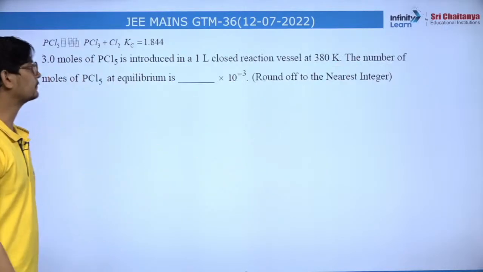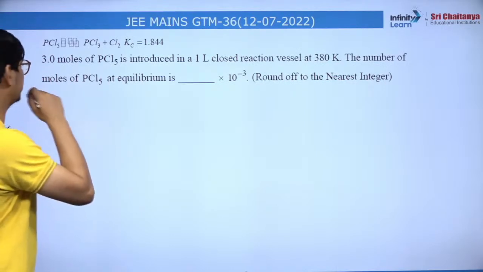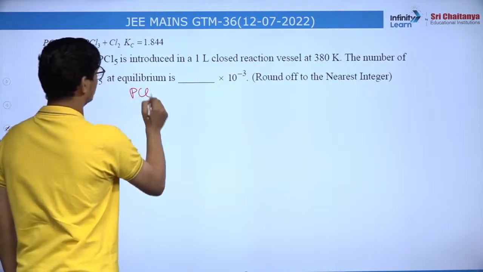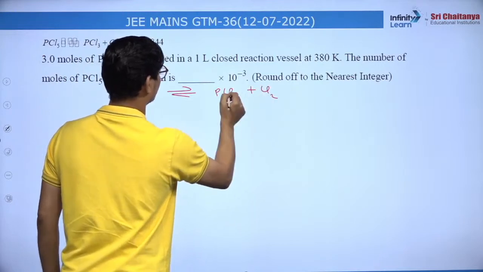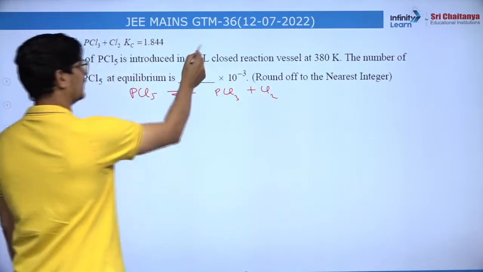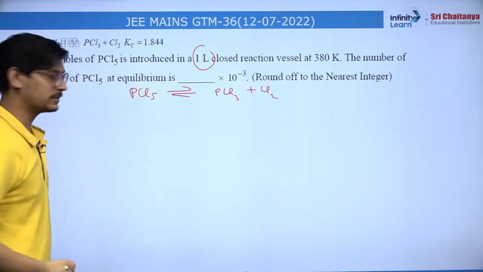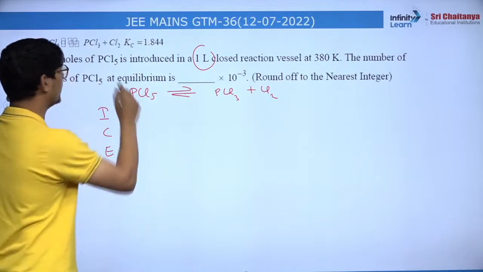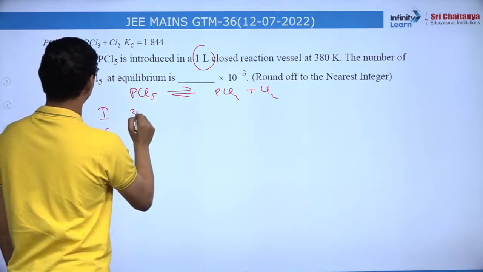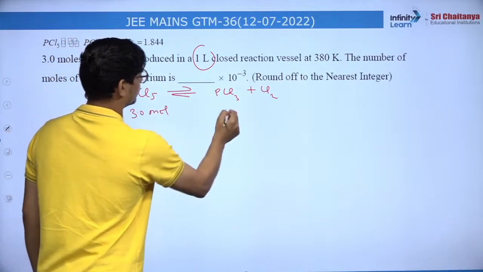Alright guys. Then in this question, PCl5 is decomposing to give you PCl3 plus Cl2. The volume is 1 liter, so it doesn't matter, we can take the number of moles. We will apply the ICE method here: initial, change and then equilibrium. Initially the amount of reactant is 3 mole, and the products are 0, 0.